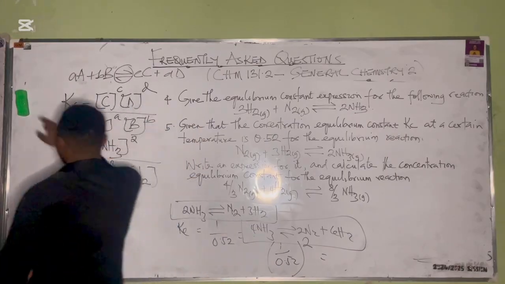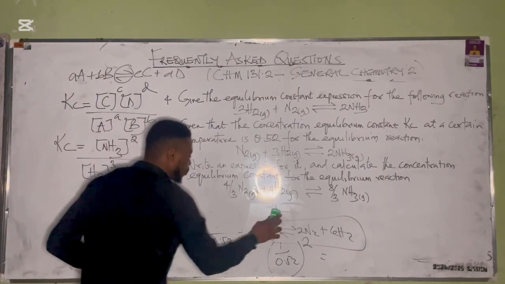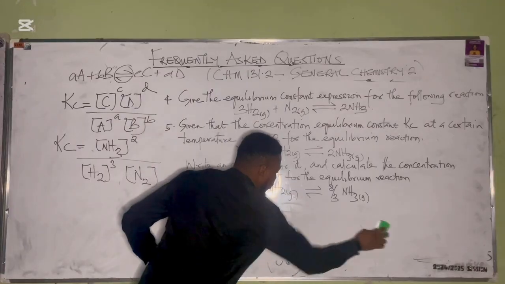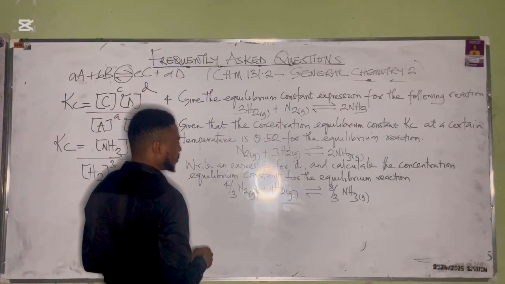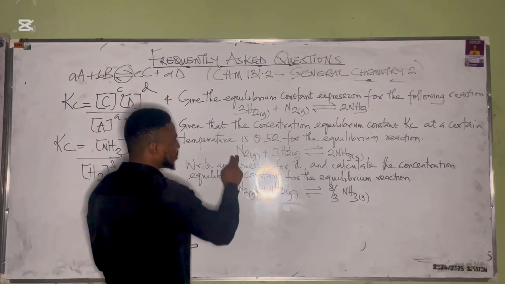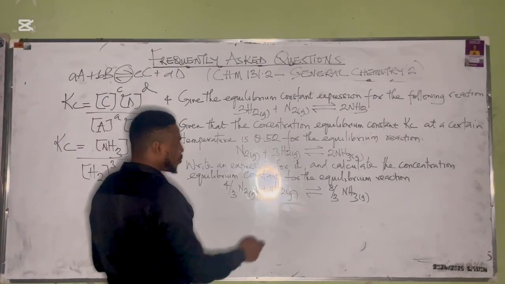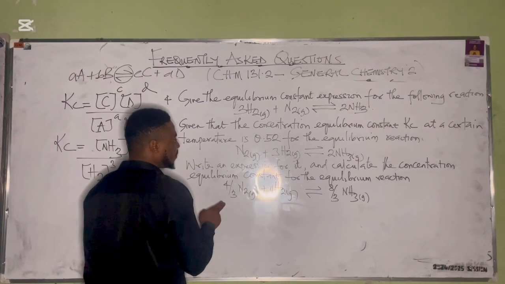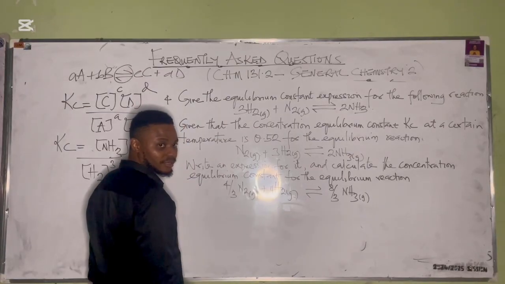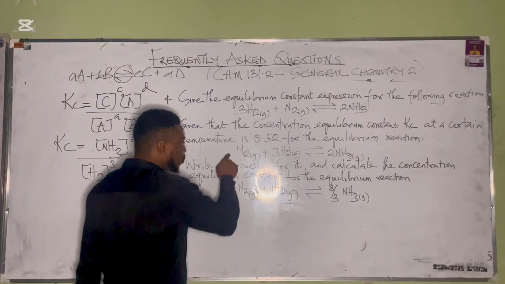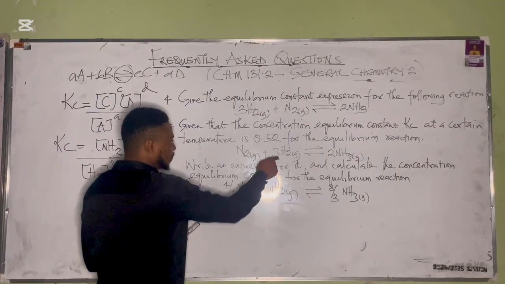So now let us come to the actual question. If you look at this, it was not even reversed, it's still the same. But the only thing is, if you look at it very well, 4/3 was multiplied by 3.